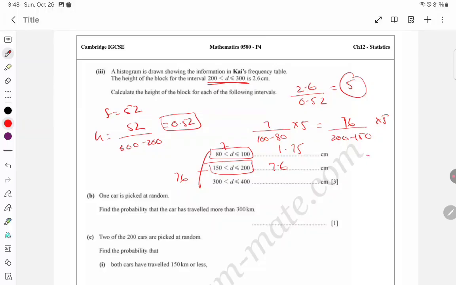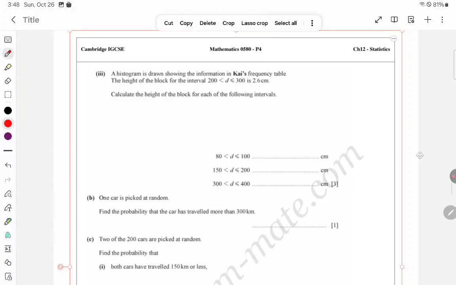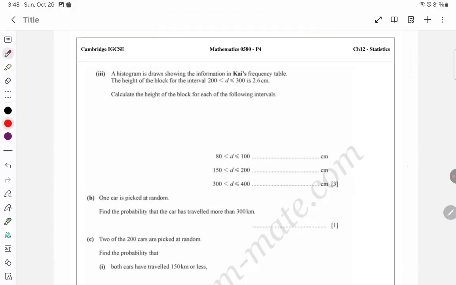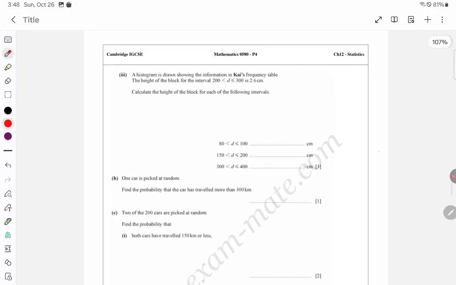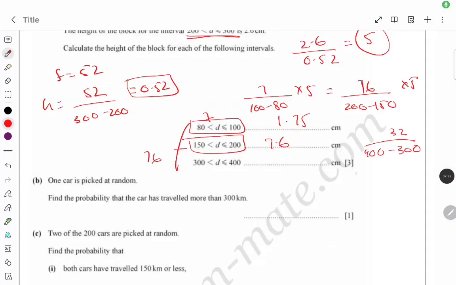Again, 32 frequency is given at this 400 minus 300, so the answer will become 0.32 multiplied by 5, and it will give you the value of 1.6. So this is our answer.